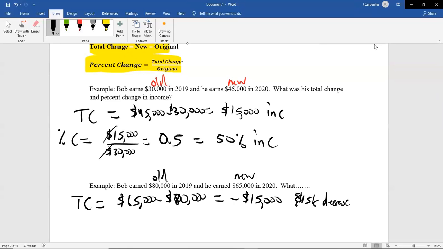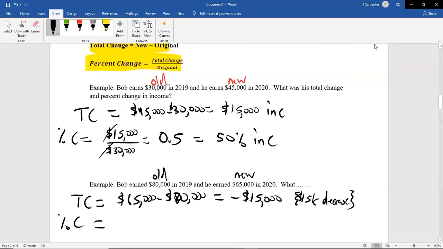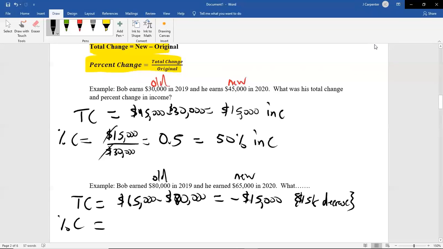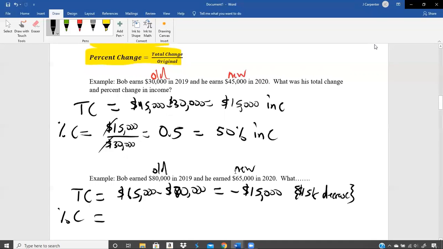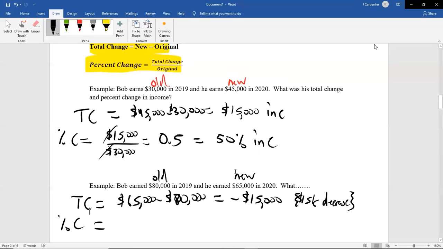He made $15,000 less in 2020 for some reason that we didn't discuss. Now the percent change, again, is the ratio of the total change, the thing we just found, to the original amount. So total change is a dollar amount, percent change is a percentage, no other units. Total change doesn't have to be dollars. If we're talking about apples, then it's apples. If we're talking about people, then it's people. But this is in dollars, so total change was dollars.